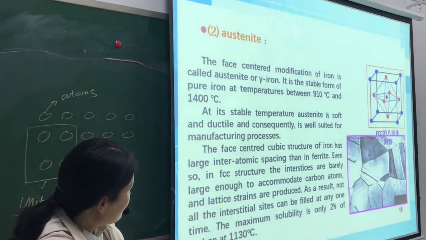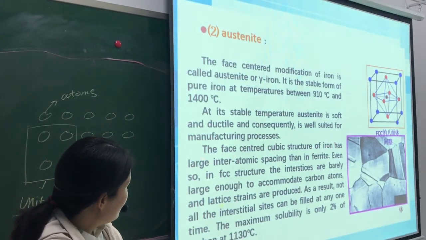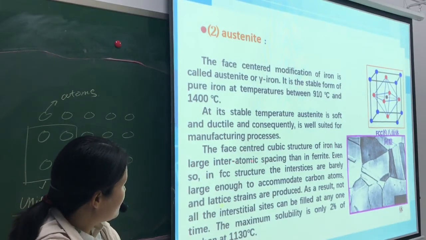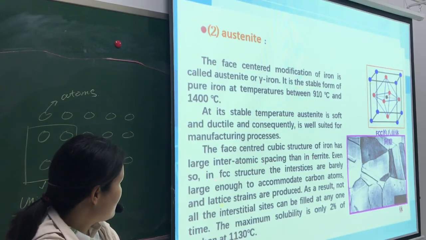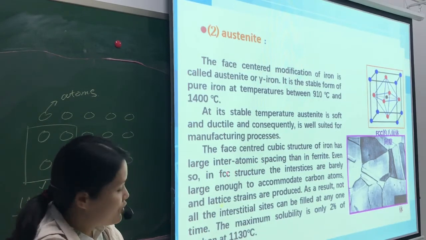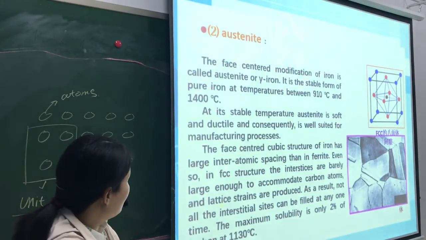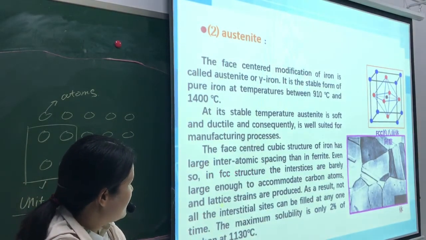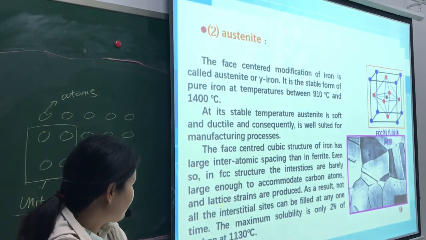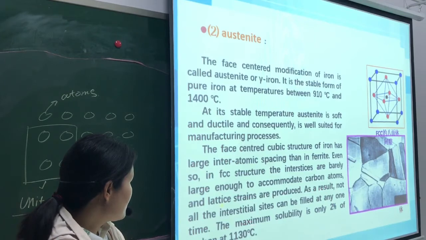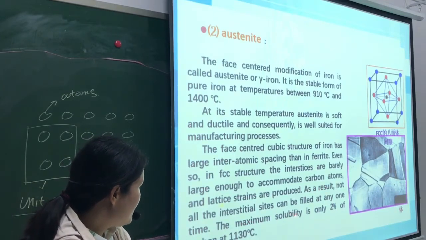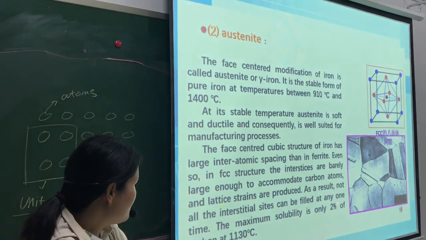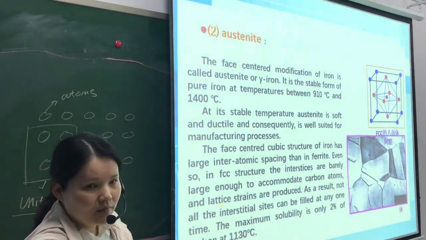The face-centered cubic structure of iron has larger interatomic space than in ferrite. Even so, in FCC, which means face-centered cubic, the maximum solubility is only 2% of carbon.